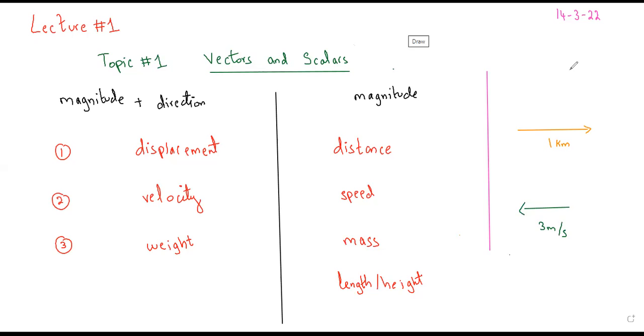Okay, so let's say I am using positive for the right side and negative for the left side. So positive 1 kilometer means that the person is going to the right direction, and negative 3 meter per second would mean that the car or the person is going in the left direction.